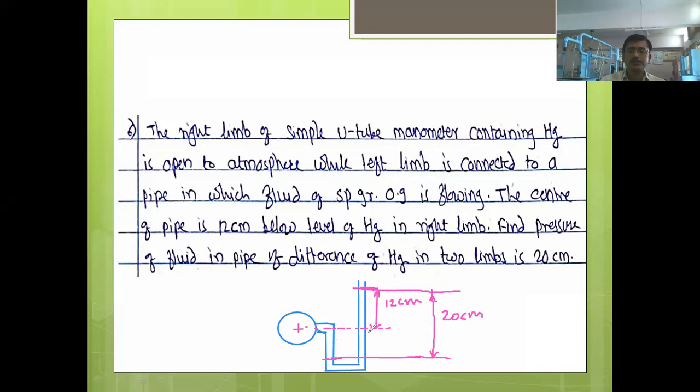Now tell me what is H1 and what is H2? H1 is 8 centimeter, H2 is 20. Correct. H1 is this height, which is the total distance minus this distance, so H1 will be equal to 8 centimeter.